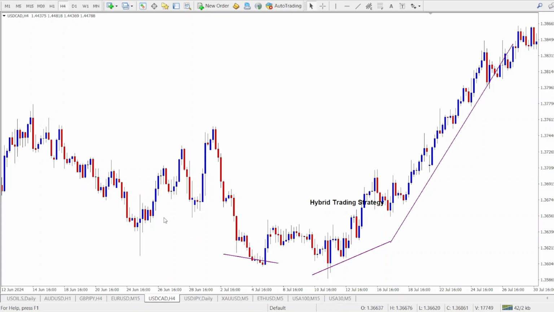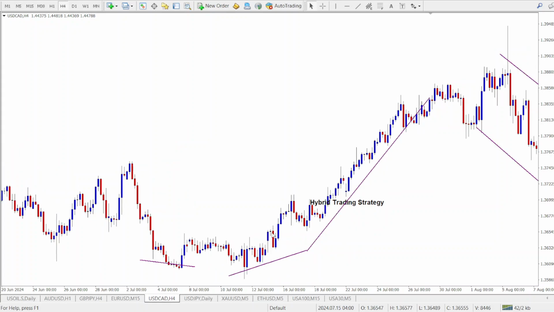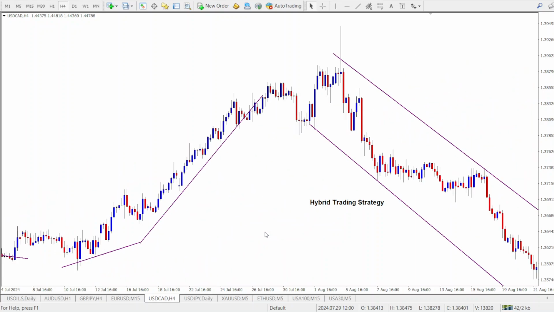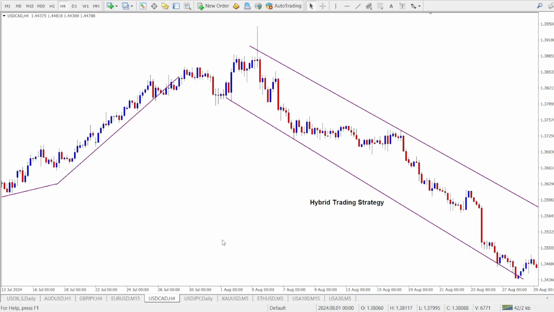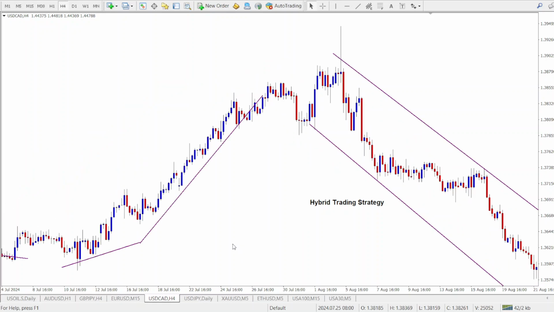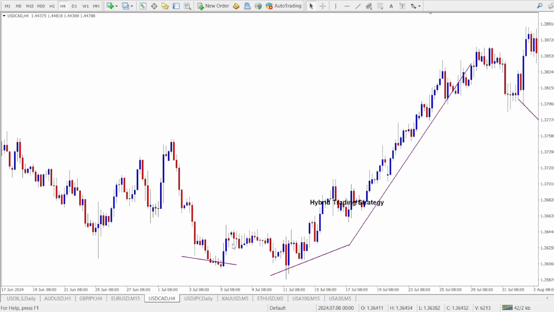Technical analysis focuses on chart patterns and price movements, while fundamental analysis looks at economic factors like interest rates, GDP, and employment data. For example, if a central bank announces a rate hike, the currency might strengthen, right? But with technical analysis, you can determine the best price levels to enter or exit a trade.